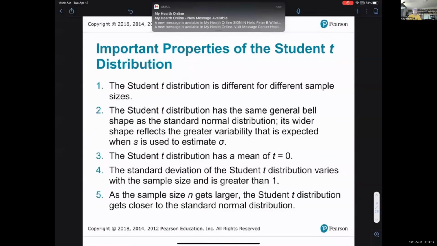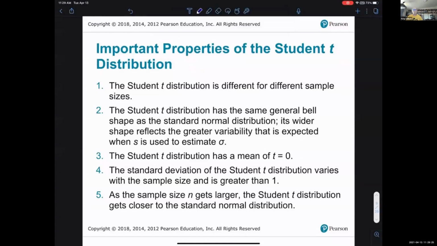All right, so here are some important properties of the t distribution. The t distribution is different for different sample sizes. That's why we have degrees of freedom, because the bigger the sample size, it changes the distribution and the reliability and what kind of data values allow you to make predictions about the population.